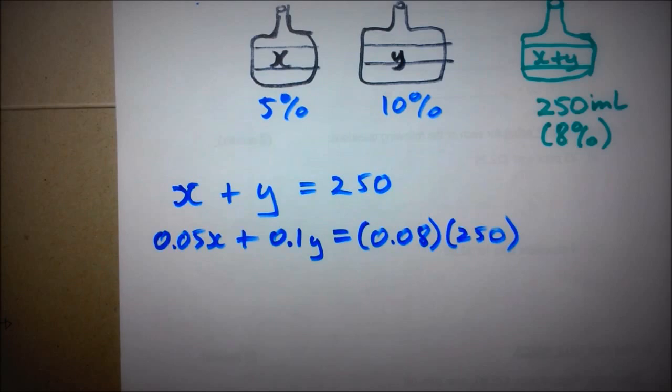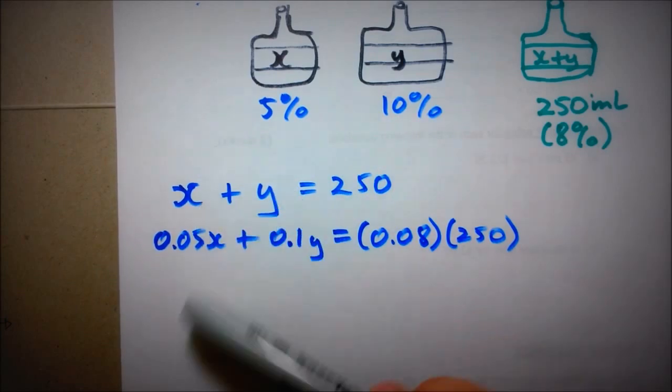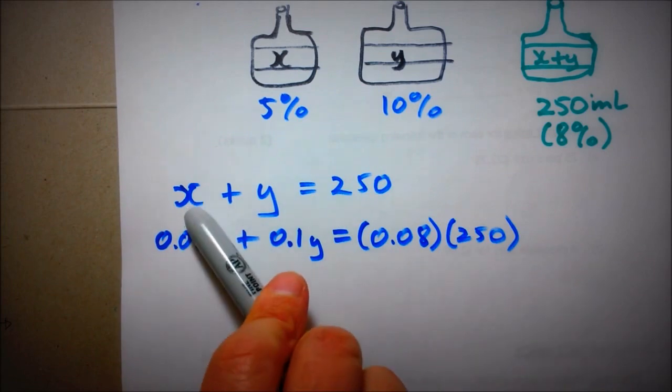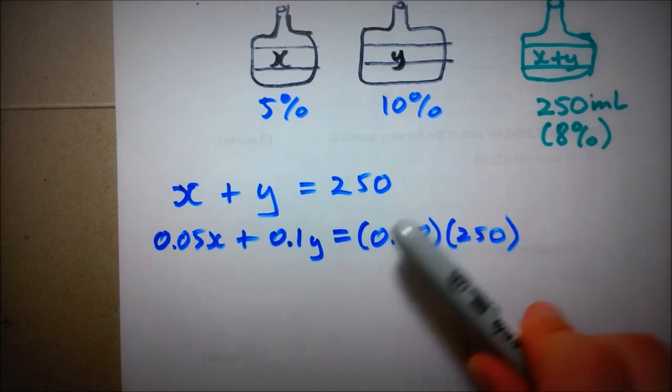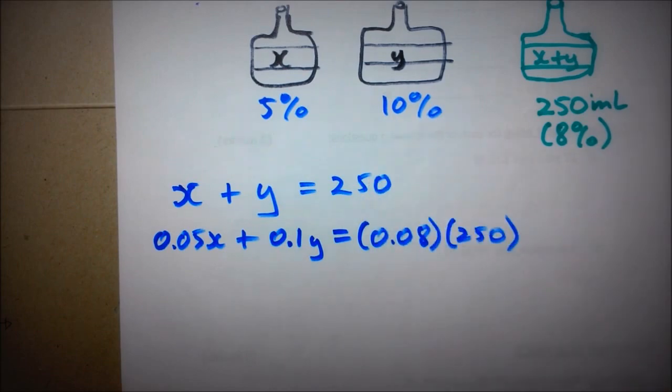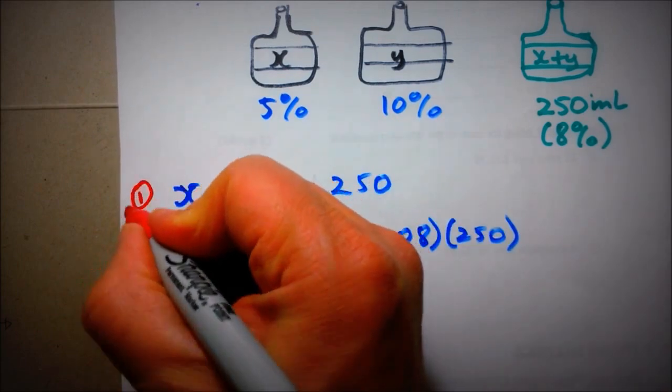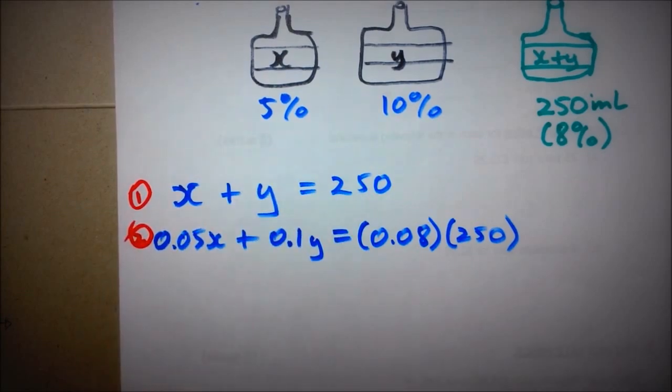So there you have it. Those are our first two equations. Now we gotta solve for X and Y. That means the amount in milliliters for each of the bottles, and that will give us the answer as to how much we need from each. So you may pause the video and try to see how to solve this.